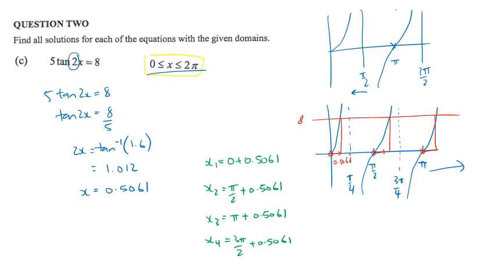Remember, that's that tangent general solution pattern. Now they'll give me some answers of 0.5061. That gives me an answer of 2.077. That is 3.648, and that is 5.218.